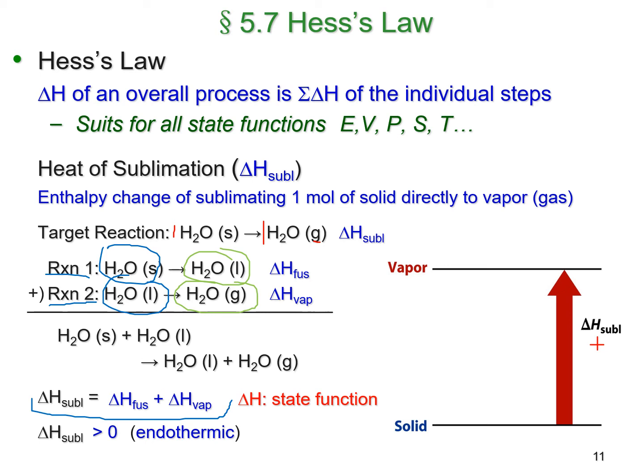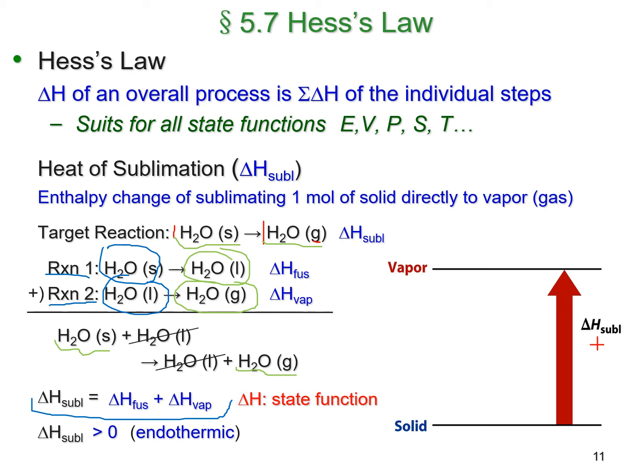We see liquid water on both sides. So say we subtract liquid water on both sides. So these two cancel. What do we end up with here? Solid water, gaseous water. What do we get here? We get our target equation. Is that a coincidence? I'm afraid not.